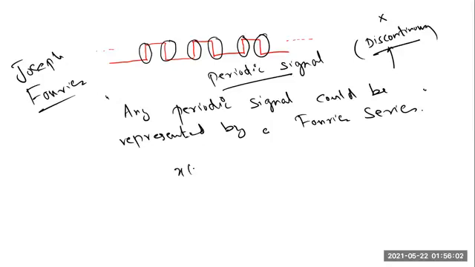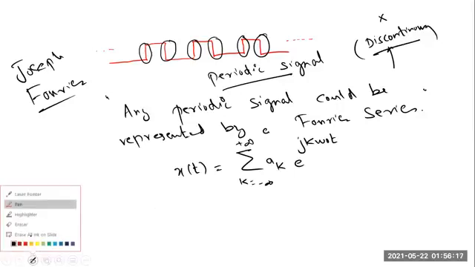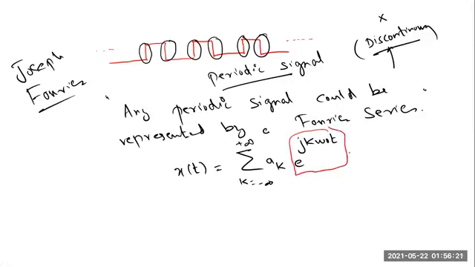So if you look at the Fourier series representation, this set of signals is continuous. For different values of k, whatever signal you get, that signal is continuous.